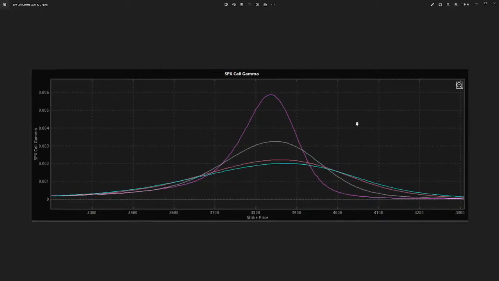This is the SPX call gamma, taken from Thinkorswim, showing the gamma curve for the next 4 weekly expirations. The pink purple line at the top is the 12/30 expiration. And then the next 3 lines are the next 3 Fridays after today, so that is January 6th, January 13th, and then January 20th.